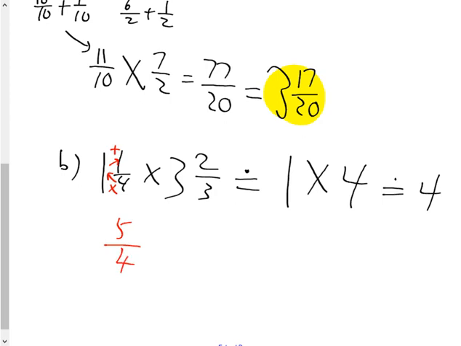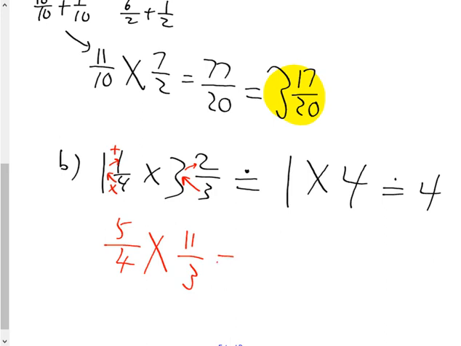So 3 times 3 is 9. That means there's 9/3 in 3. Plus an additional 2 is 11/3. So 1 and 1/4 times 3 and 2/3 as mixed fractions is the same thing as 5 quarters multiplied by 11/3 because it's the same number.